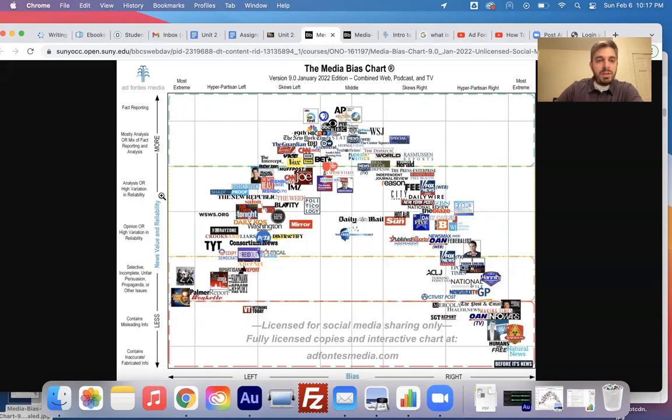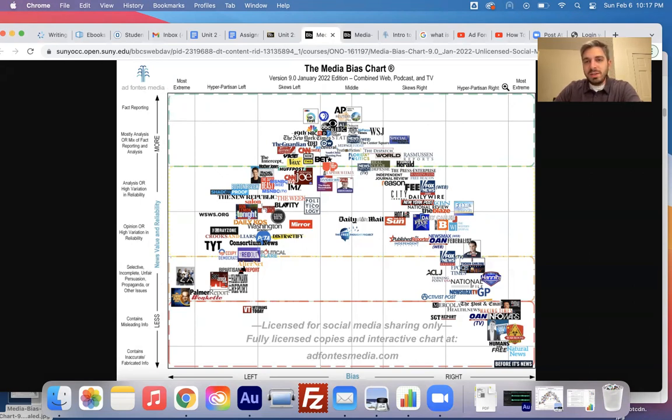Below that, opinion or high variation in reliability. Below that, selective, incomplete, unfair, persuasion, propaganda, or other issues. So the news value and reliability go less and less, all the way down to contains misleading information, contains inaccurate, fabricated information. We definitely don't want that. Okay, that's the vertical column.